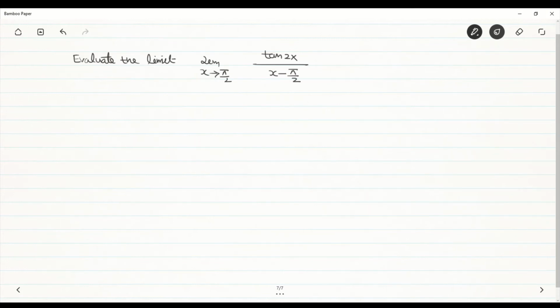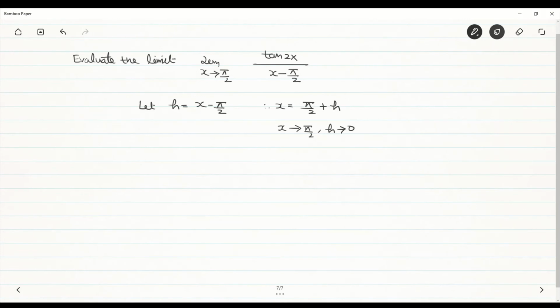The question: evaluate the limit of tan 2x upon x minus pi by 2 when x is tending to pi by 2. To solve such questions when x is tending to a, it's always better to substitute something similar, like in this case h is equal to x minus pi by 2, such that x will become pi by 2 plus h.